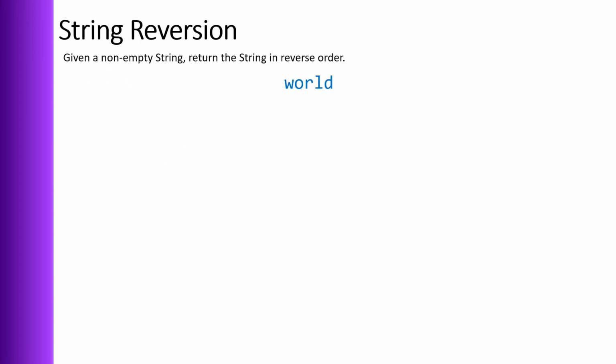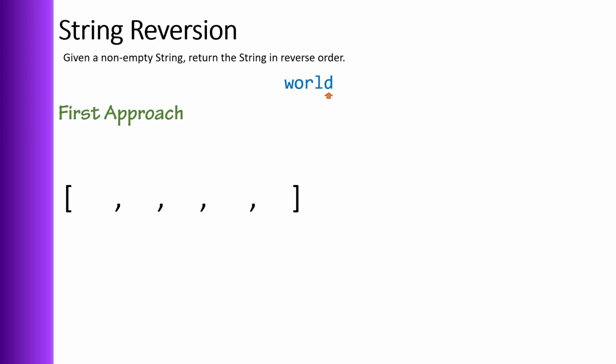We will use world as our example. For the first approach, which is the brute force, we would be creating an array with the size equal to the length of the string that we are having. In this case, world has 5 characters, so the array size would also be 5.